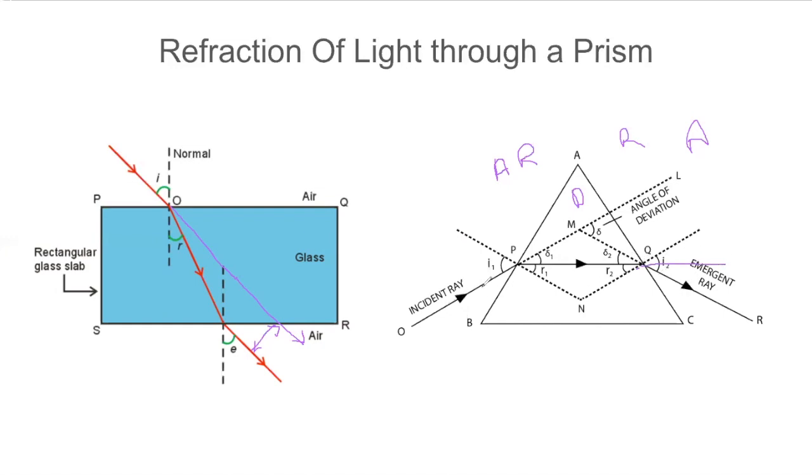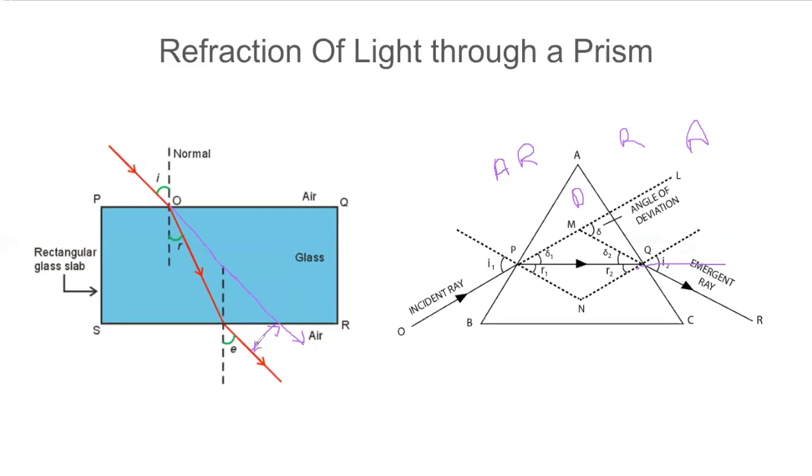So there are three rays here. Just for naming them, what are they named? The ray that is coming and incident on the prism is called the incident ray. The ray that is going inside the prism is called the refracted ray. The ray which comes out of the prism is called the emergent ray.